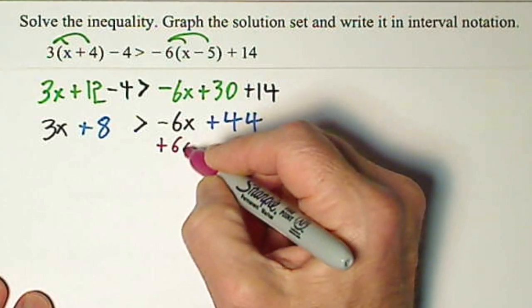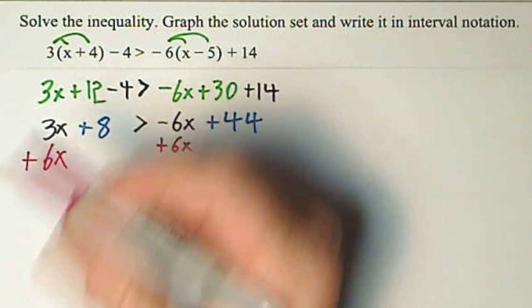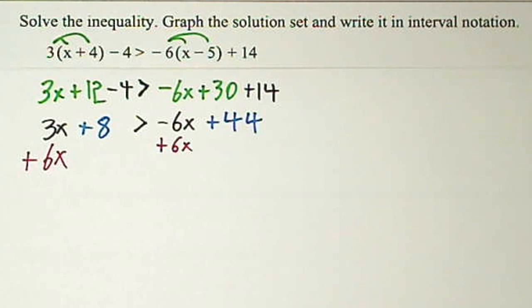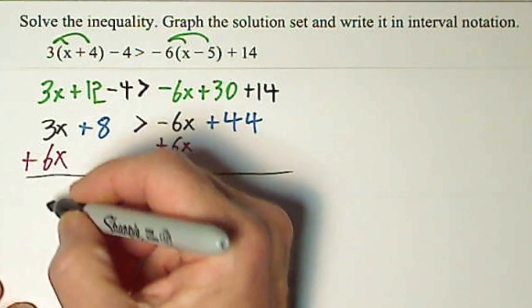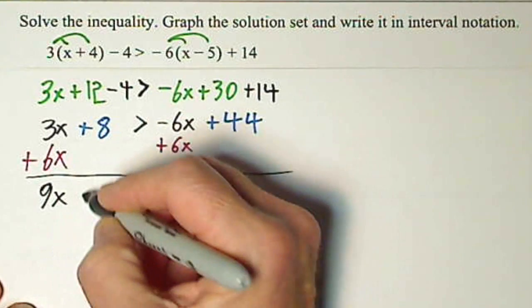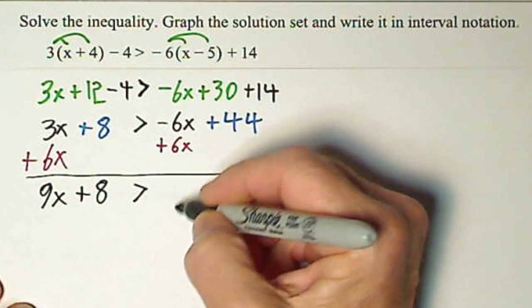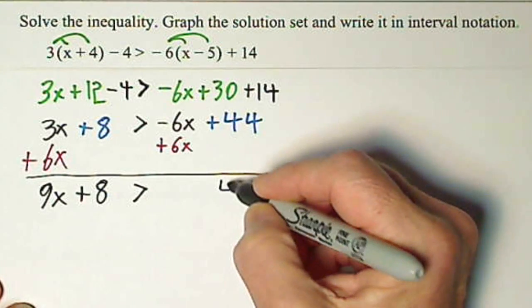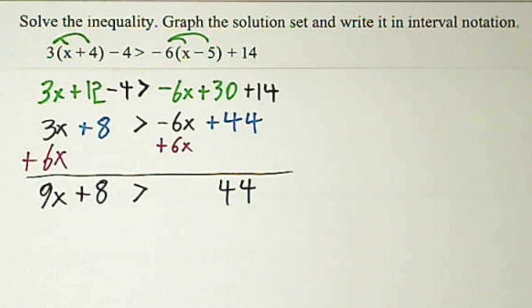So +6x and +6x. So there's 9x. That's a 0. I don't have to write it. Bring down the 44, and I don't have to put positive there.